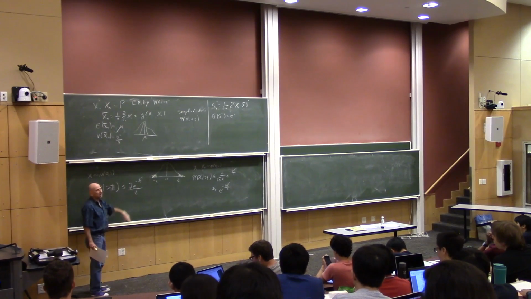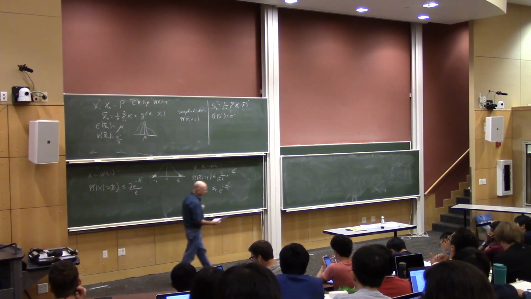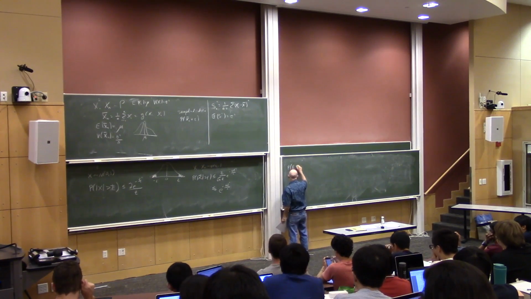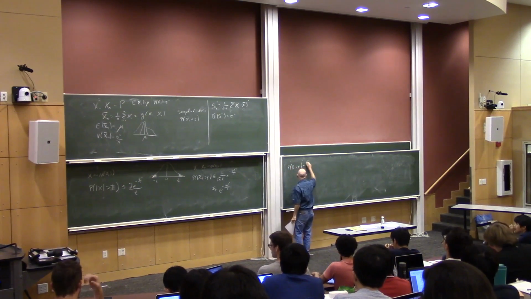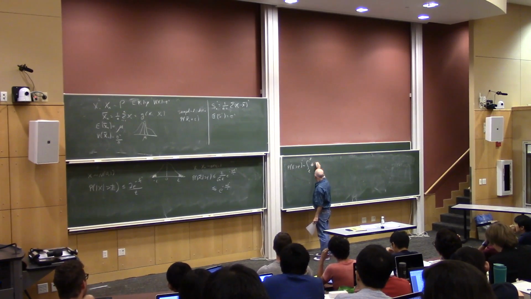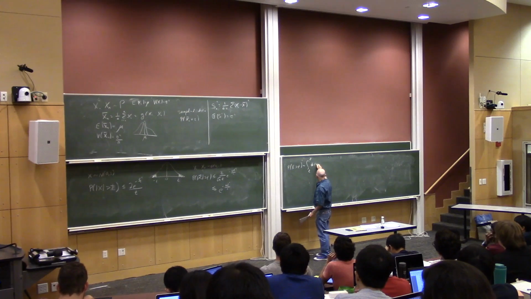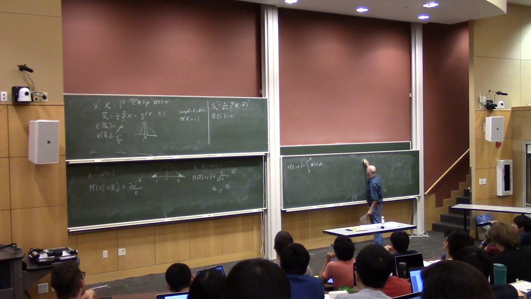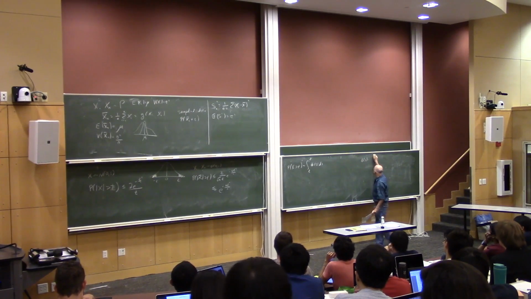So I'll just do one side, and then the other side comes by symmetry. So what's the probability then that x is bigger than t? That's the integral from t to infinity. And this is a common thing I'll do in this class, that I often use phi for the standard normal density, so that's.